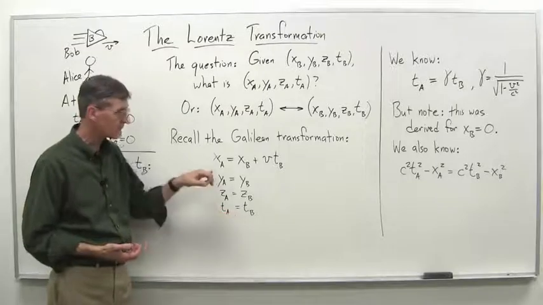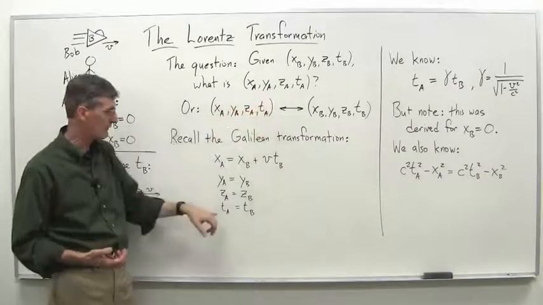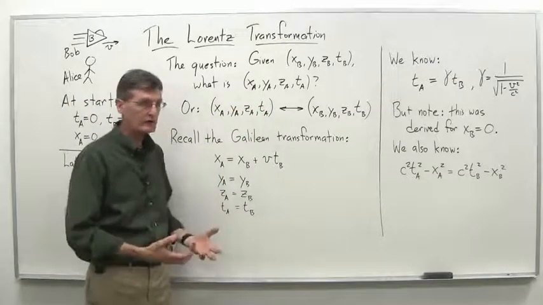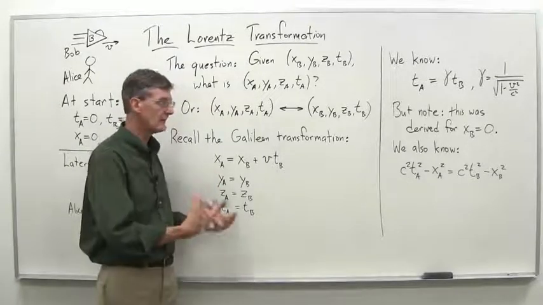Now we'll get to the details of this in a minute, but we know right away that from Einstein's two postulates, we derive the fact that time dilation occurs, and length contraction as well.